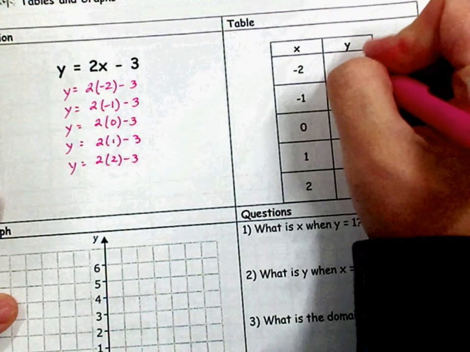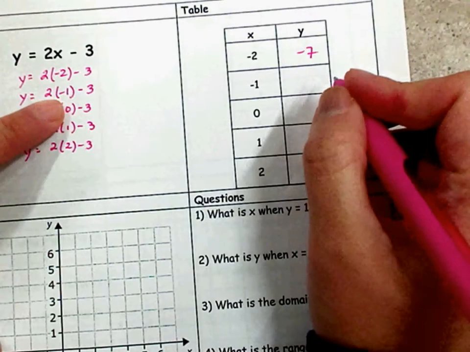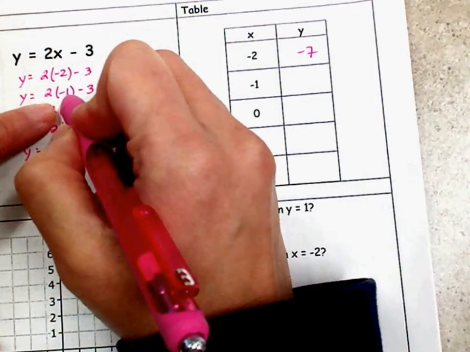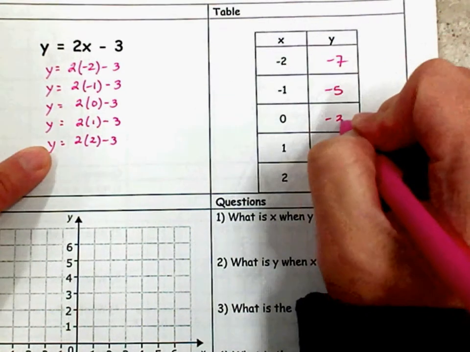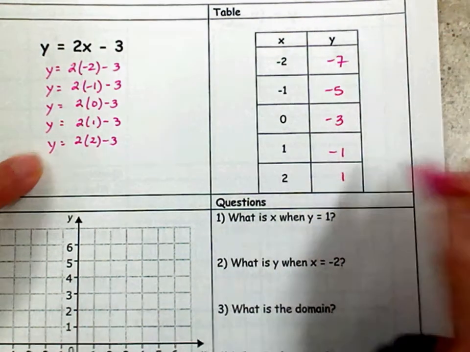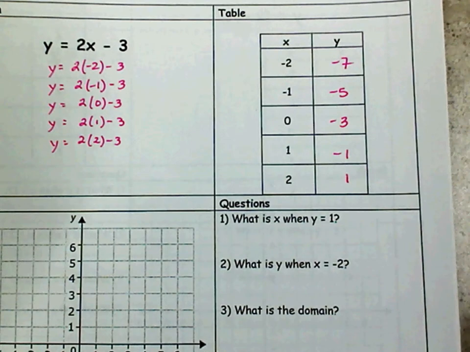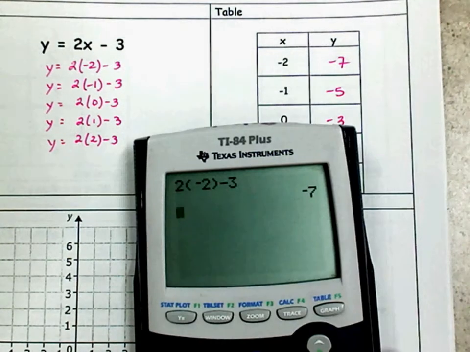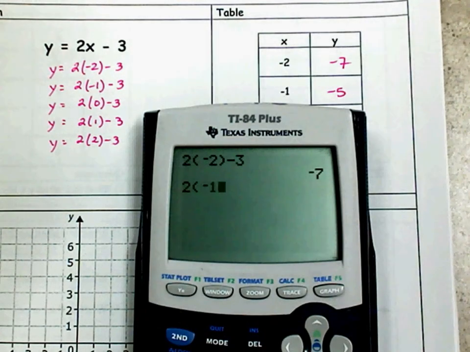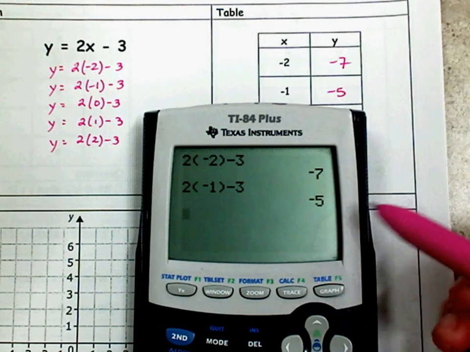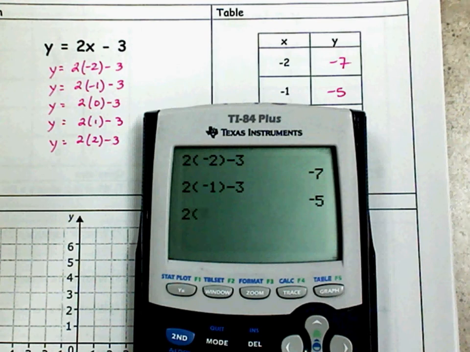Okay, keep going. 2 times -1 is -2, minus 3 is -5, -3, -1, and 1. So you would do it for all, and you would just type it in like I just did right here. Okay, so you can do that. For example, 2 parentheses, -1 minus 3. See that? 2 parentheses, 0 minus 3. And you keep going, just like that.